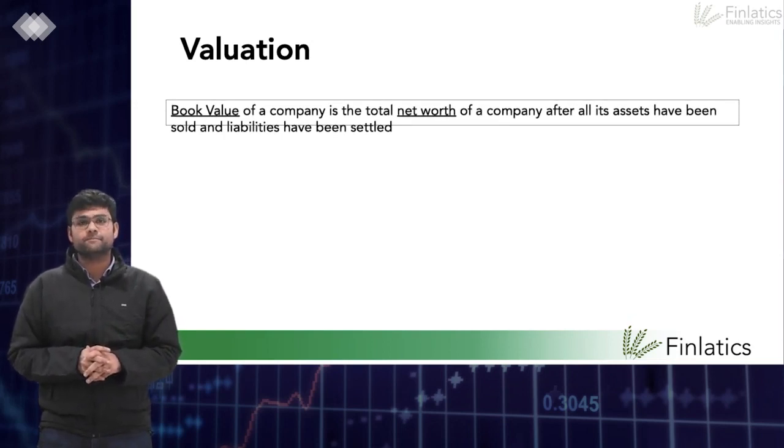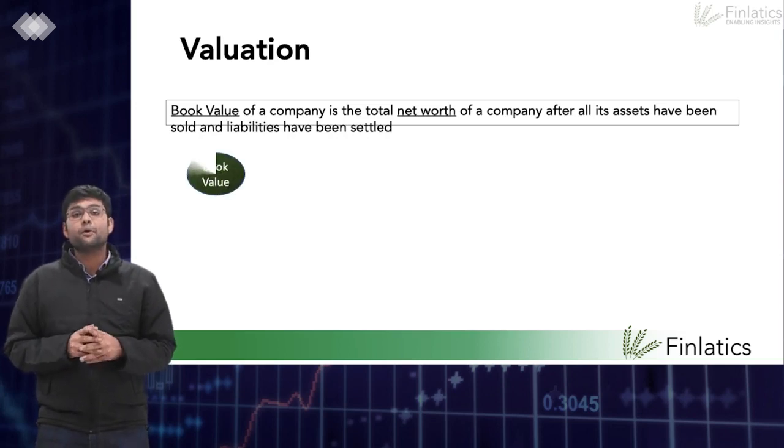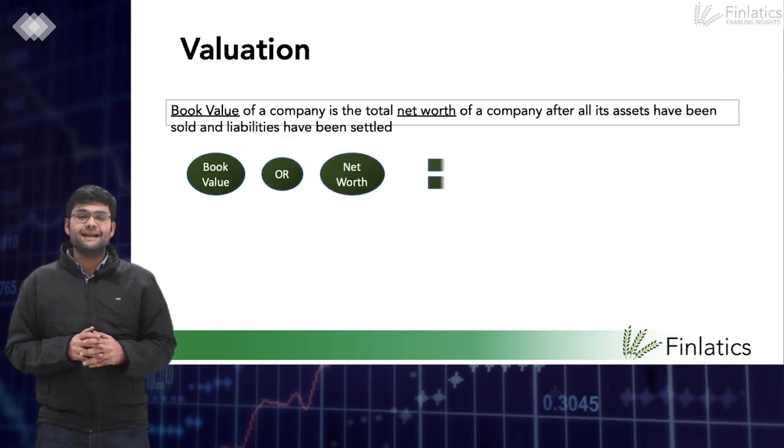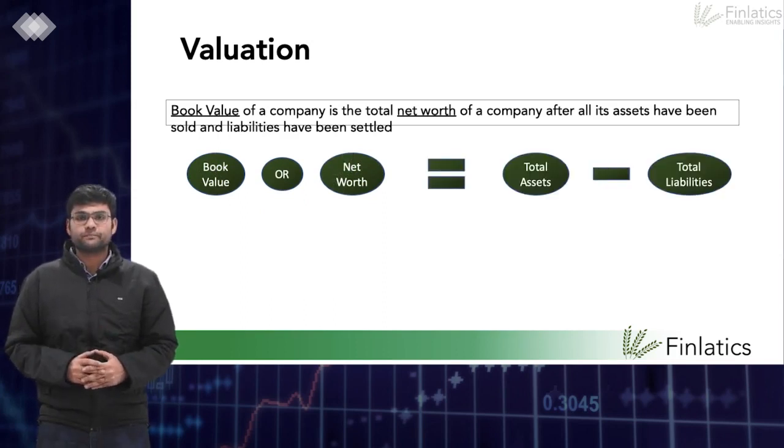The next terminology that we are going to cover is the book value or total net worth of a company. The book value or total net worth of a company is arrived at by selling its assets and settling its liabilities. Therefore, book value or total net worth is equal to total assets minus total liabilities.